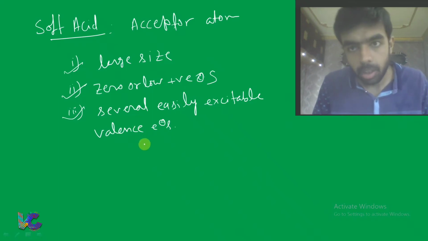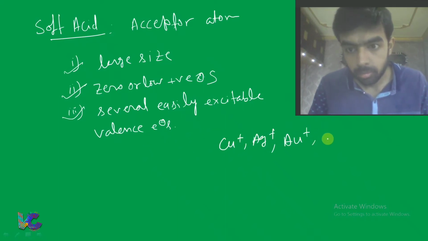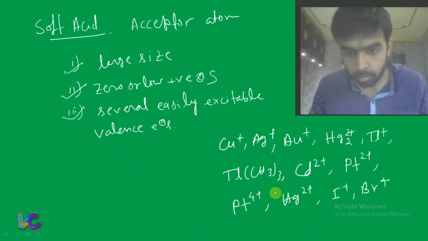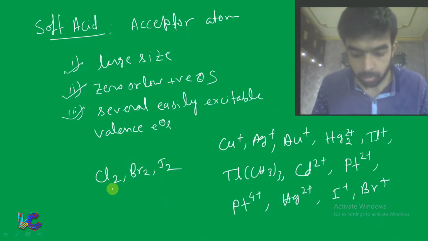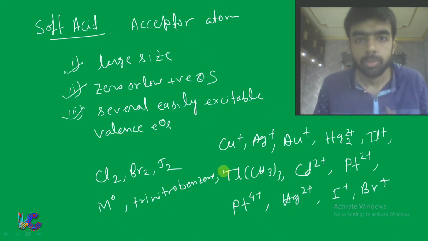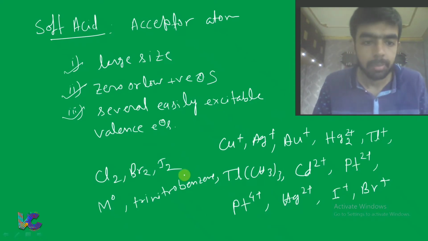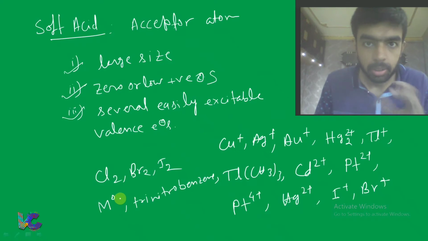Now if you see the examples of soft acid: Cu plus, Ag plus, Au plus, Tl plus, Cd plus, Cd2 plus, Pd2 plus, I plus, Br plus, Cl2, Br2, I2, and metals with zero oxidation state.